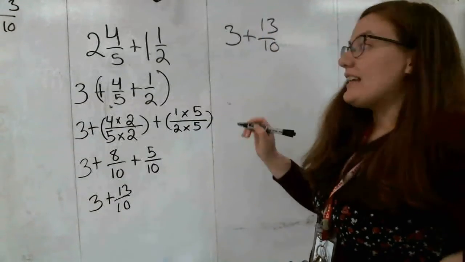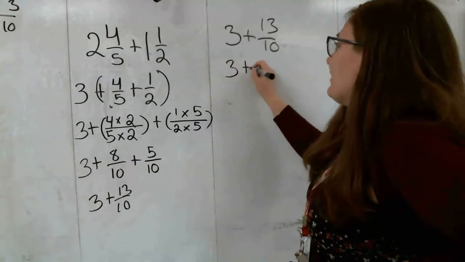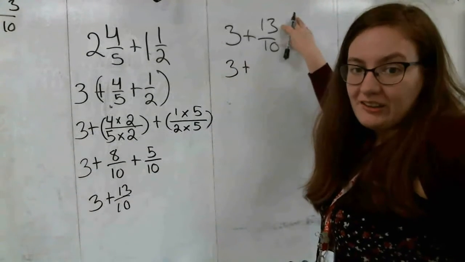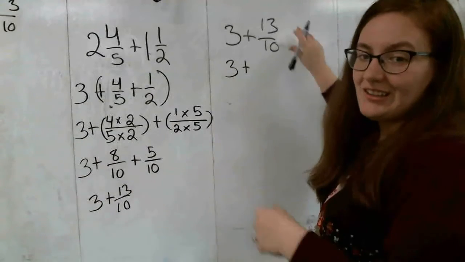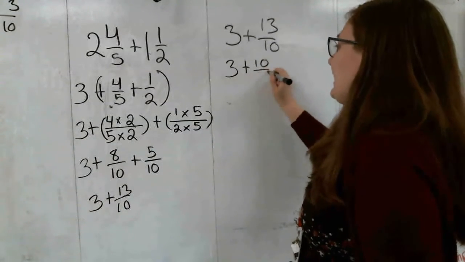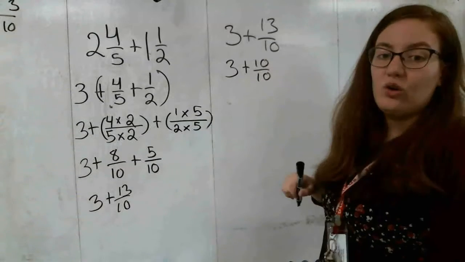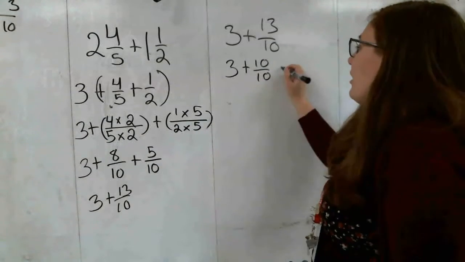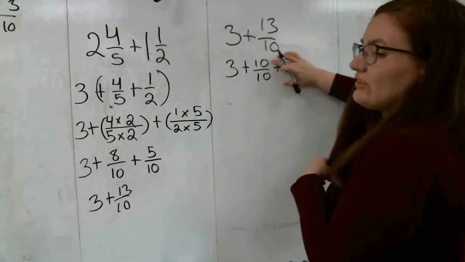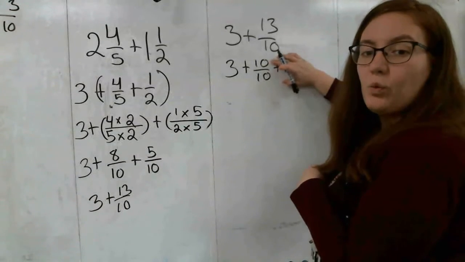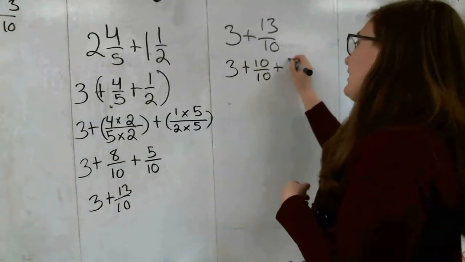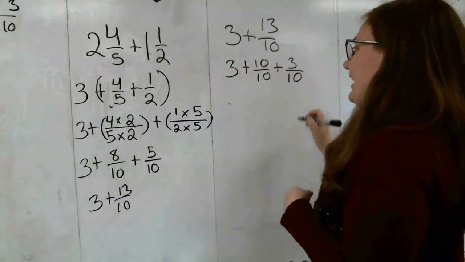So what I'm going to do is I'm going to rewrite this so that, remember those steps that we used to change our improper fractions into a mixed number? We're going to do that right now. So we're going to add 10 tenths, because remember we're trying to create a whole number out of those tenths, plus the remainder that we would need to get 13 tenths. So think 10 plus what would give me 13? So I'm going to do 10 plus 3 tenths.